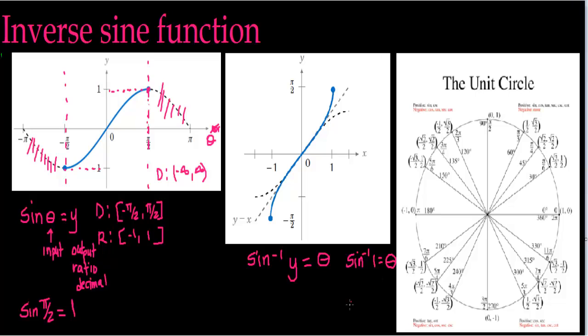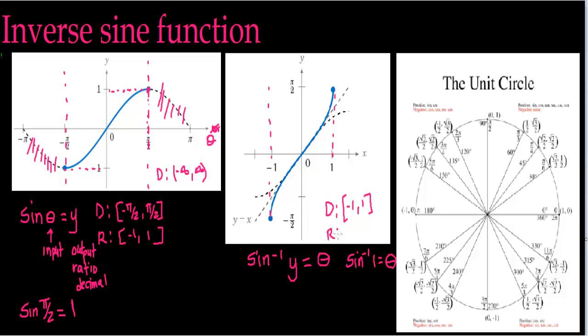To what angle? Okay, so I go on this graph, and before we do this example, I want you to notice a couple of things here. Notice the domain, that means your x values. Your x values go from -1 to 1. So your domain here for the inverse sine goes from -1 to 1.